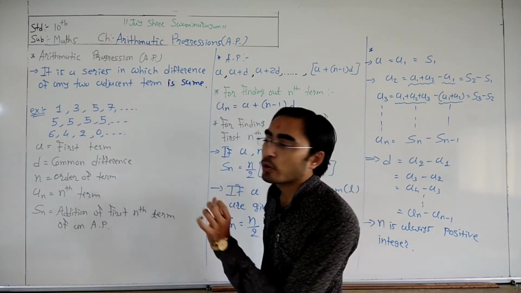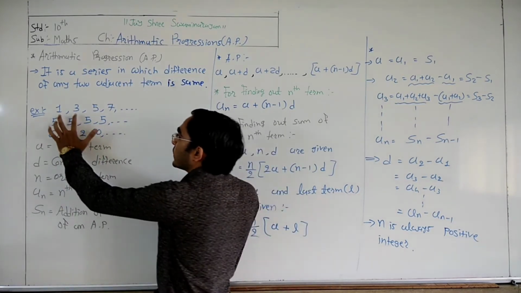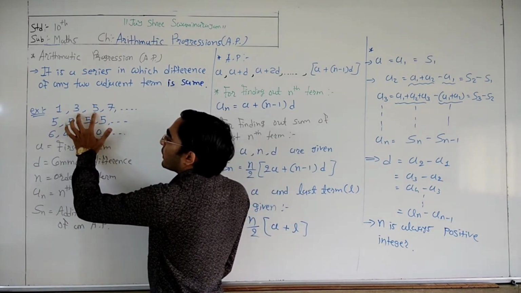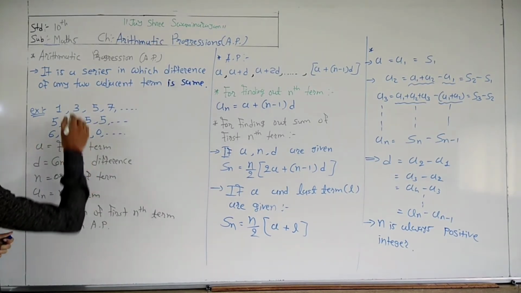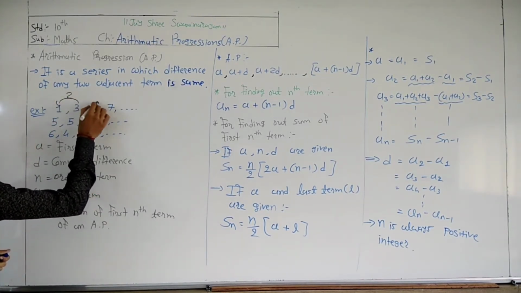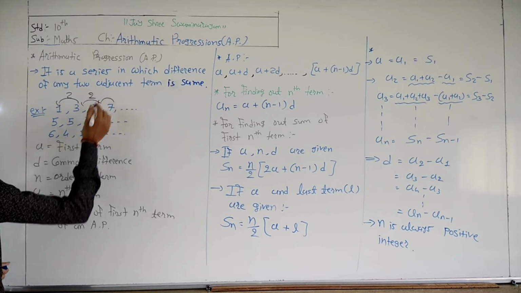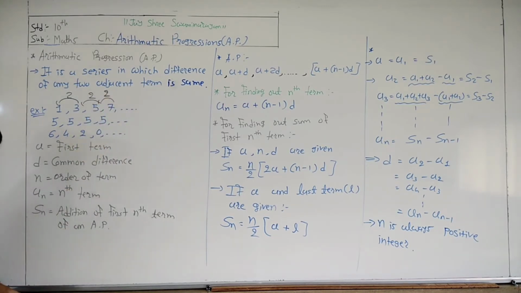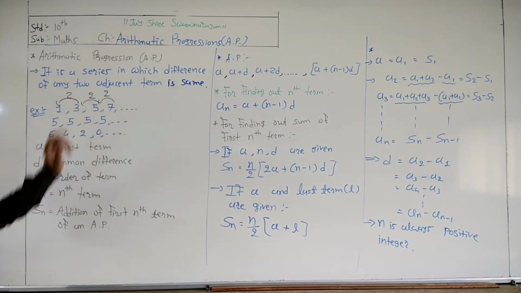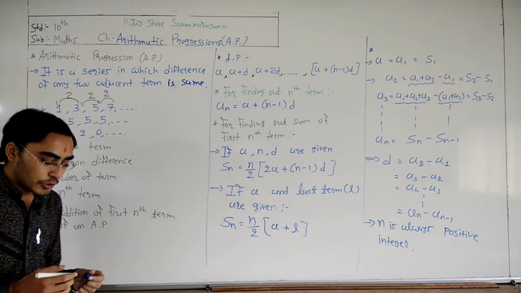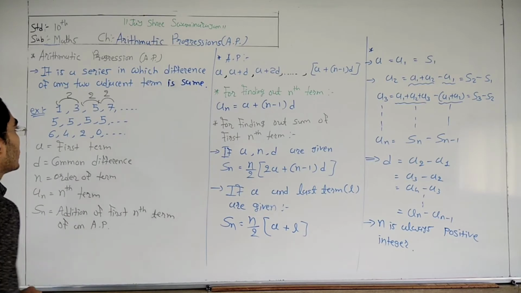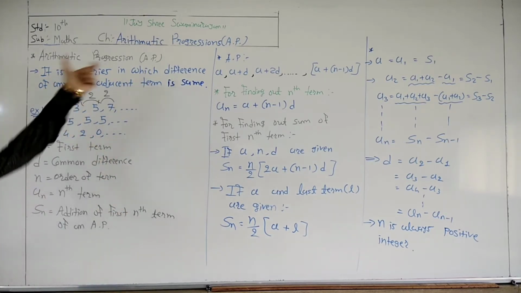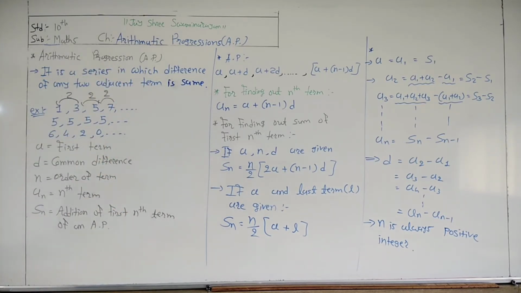Now, if you think about the difference, 3 minus 1 is 2, 5 minus 3 is 2, 7 minus 5 is 2. So every time the difference D is the same, it is 2. This is an example of arithmetic progression, AP.